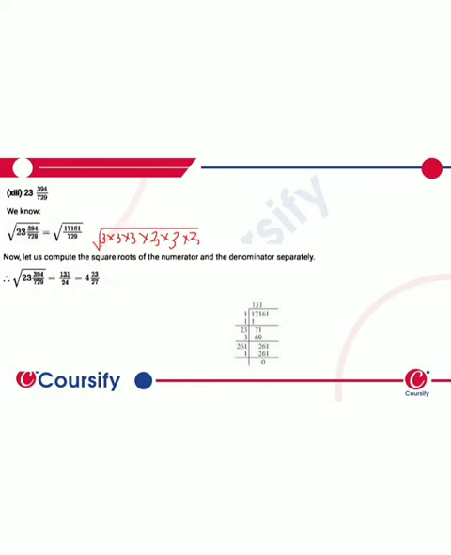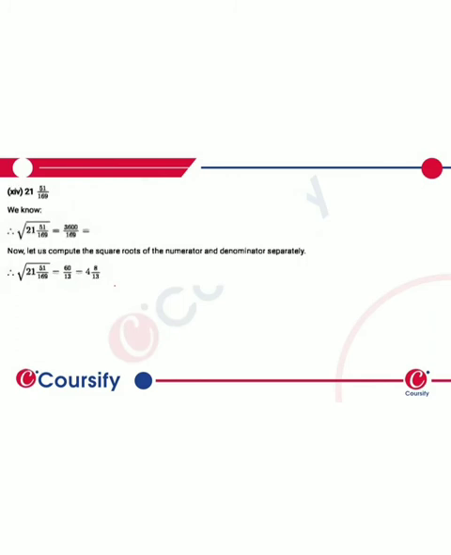So in this we have 1 pair, 2 pair, and 3 pair of 3. So this becomes 3 into 3 into 3, which is equal to 27, and hence we have the answer. So 131 upon 27, or in a mixed fraction we can write it as 4 of 23 by 27.